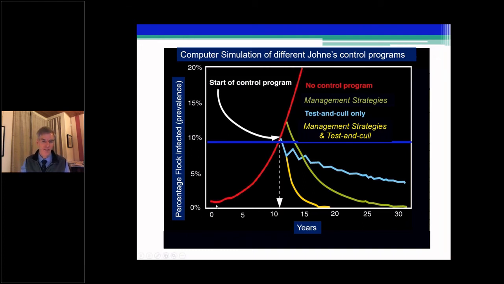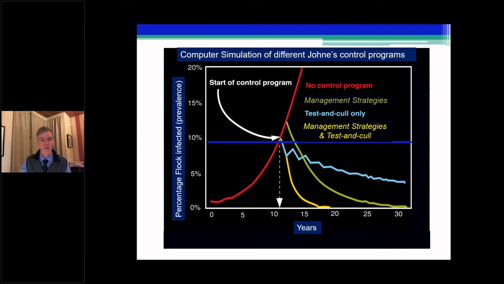So if we think of infection just starting off down here at year 0, and then going up to year 30, the vertical axis is the percentage of flock infected. Very often at the very beginning, when MAP is first introduced into the farm, you get very little idea that it's there unless you're able to use an early warning diagnostic test, which, as I say, we're still trying to get.